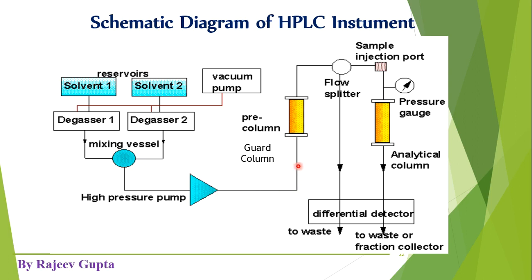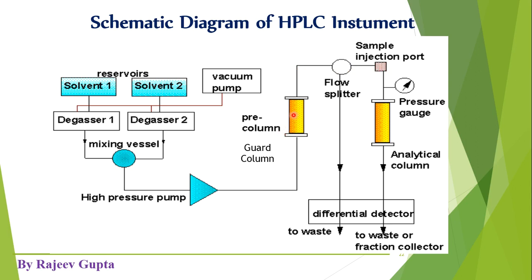Now this mobile phase passes through the pre-column or guard column. What is the function of this pre-column or guard column? It removes any particulate impurity present in our solvent system or mobile phase. After that, very pure or HPLC grade solvent will move towards the sample injection port.